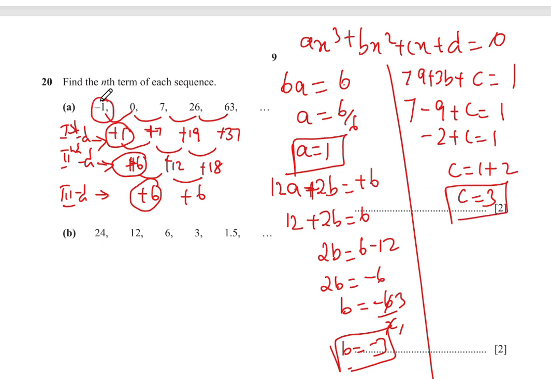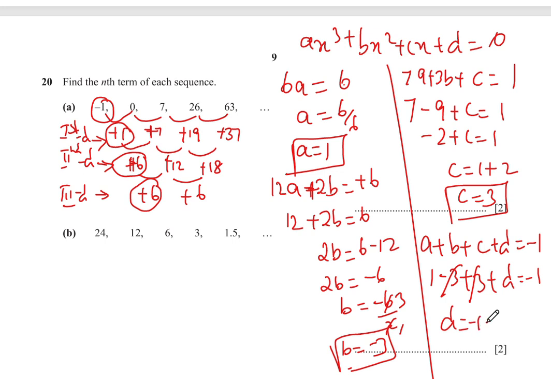Then the last one is always a plus b plus c plus d, which is equals to negative 1. When you substitute all the values here, you get 1 minus 3 plus 3 plus d is equals to negative 1. So 3 will get cancelled. So d is equals to negative 1 minus 1, so d is equals to negative 2.